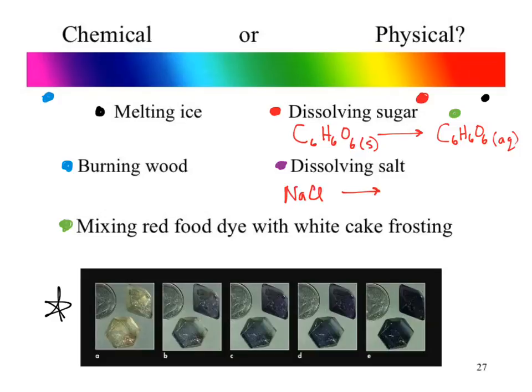Sodium chloride. You specify that it's a solid. What happens when we dissolve it in water? Sodium and chloride. We separate the sodium from the chloride.